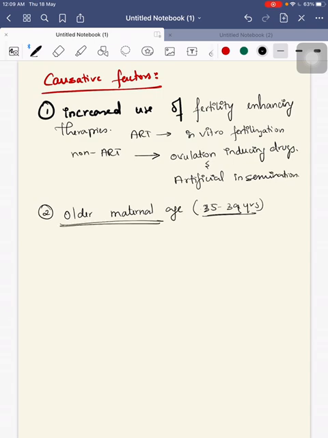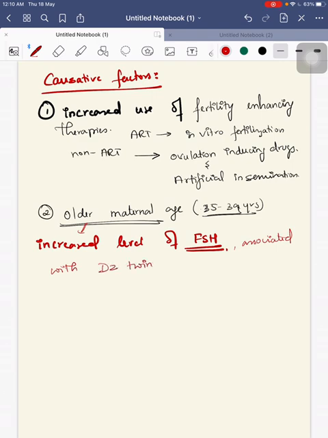In the older maternal age group, they can have an increased level of FSH. Okay, these are the two main causative factors.